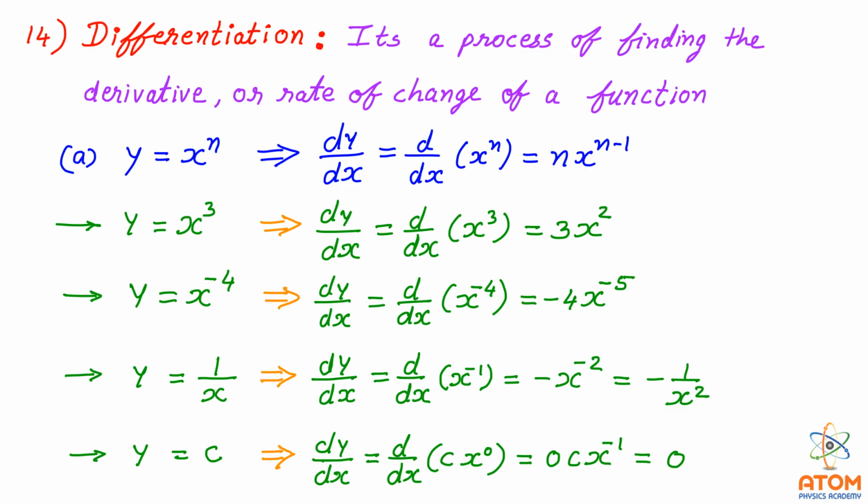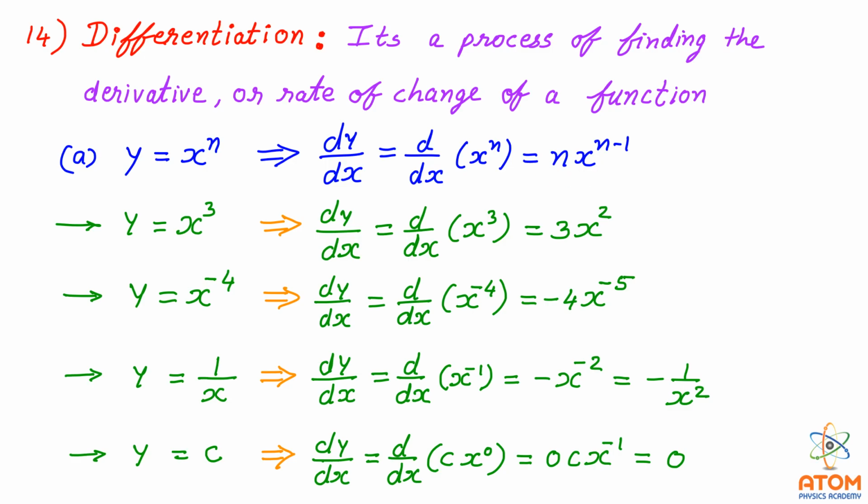See, here this dy by dx is known as differentiation of y with respect to x. It means I am taking differentiation of y with respect to x. But y is x raised to n. That's why here it is written differentiation of x raised to n with respect to x. And the answer is n x raised to n minus 1.